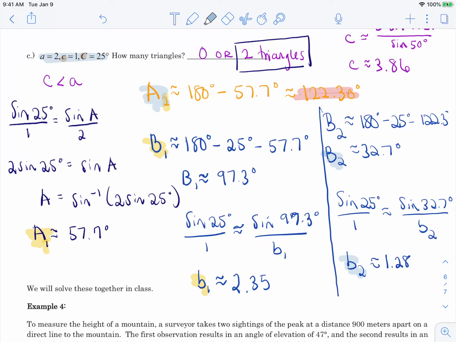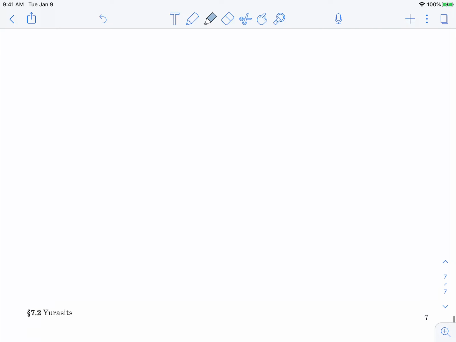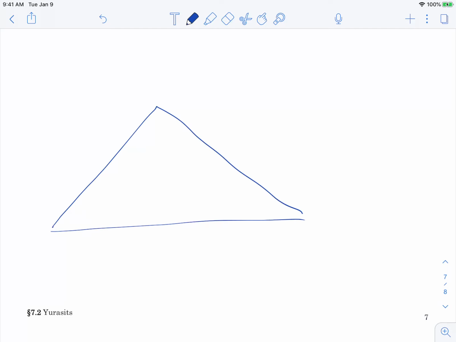So what I want to do actually is, again, just to reemphasize what in the world you just did, I'm going to just move to a blank space on our notes. So I'm just moving down to the last page. I just want to show you again what we did is we had this one big triangle. This was fixed to be 25. This was fixed to be 1. And I'm going off memory.